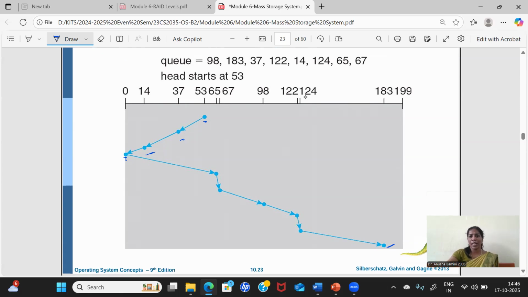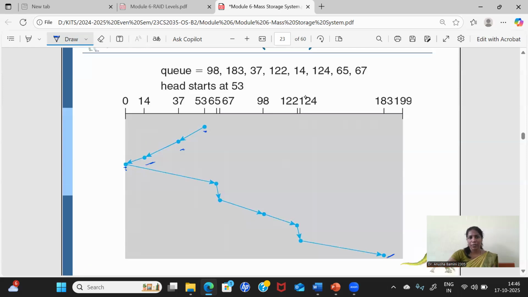This is the way SCAN works. So starting from 53, in between we have 37 and 14. I need to reach 0, and from 0 I need to reach 199. In between I have 65, 67, then 98, 122, 124, 193, and 199.